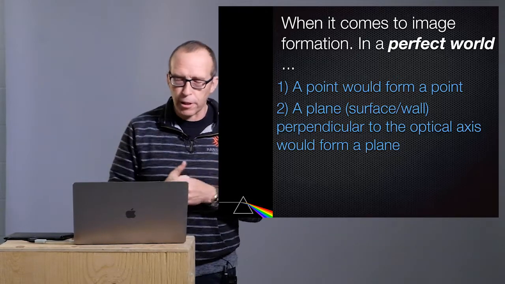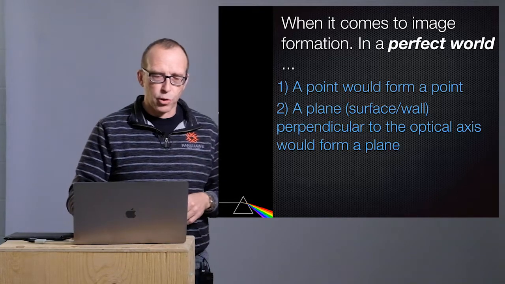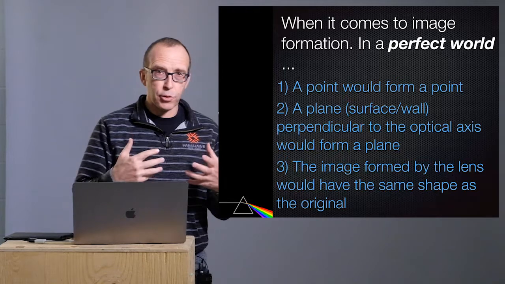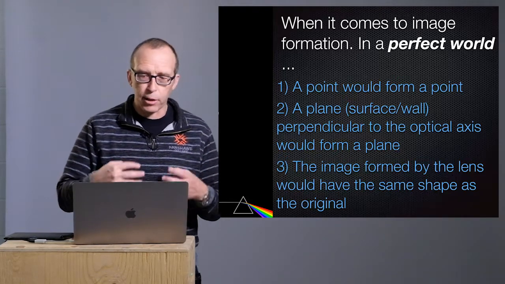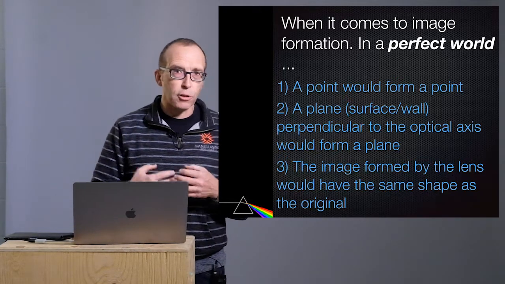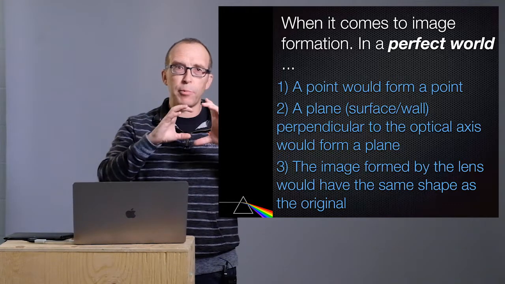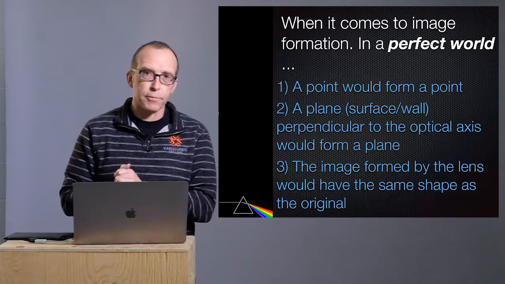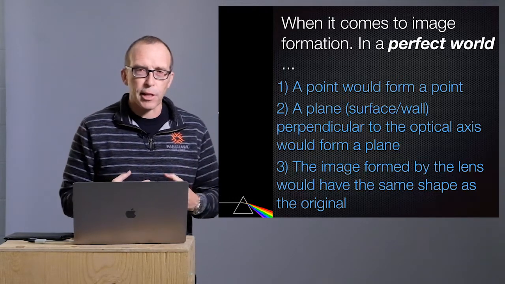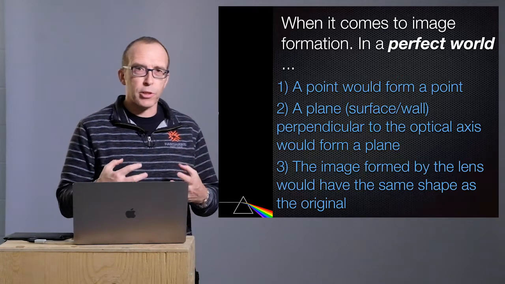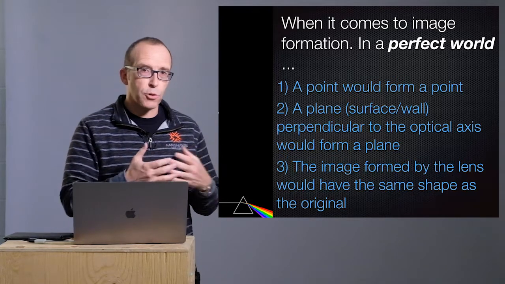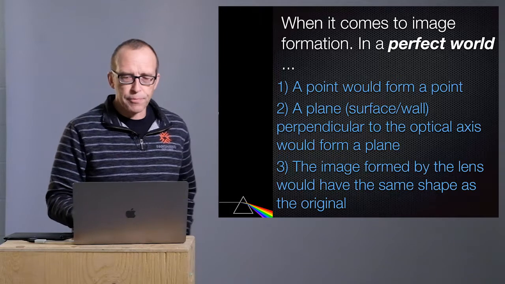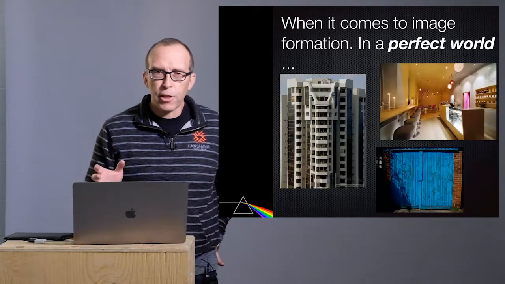You shouldn't see distortion. Another goal for lens designers is that whatever shape you photograph, the image of that shape should match the original. Those are some of the things lens designers are trying to achieve, and that we as photographers would expect our lenses to produce. However, that doesn't always happen.